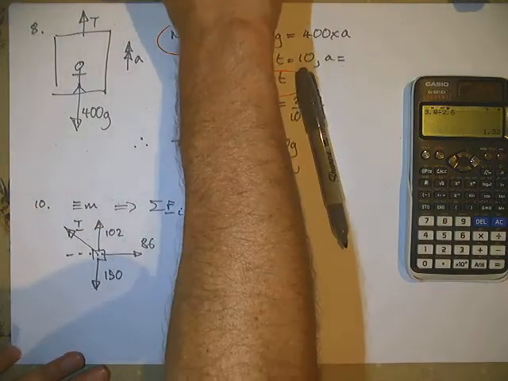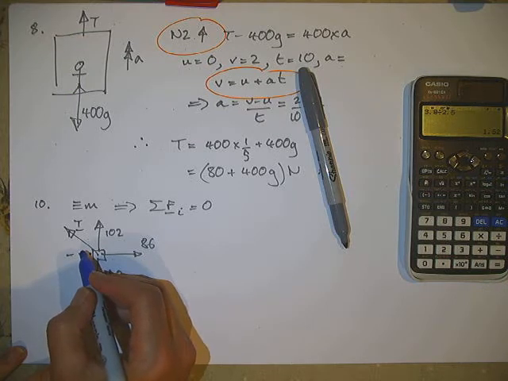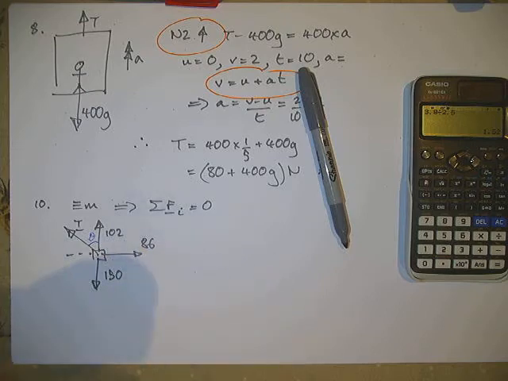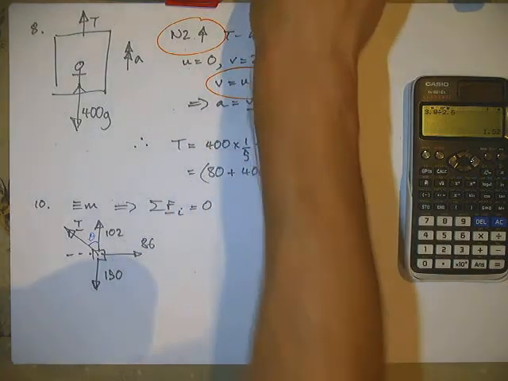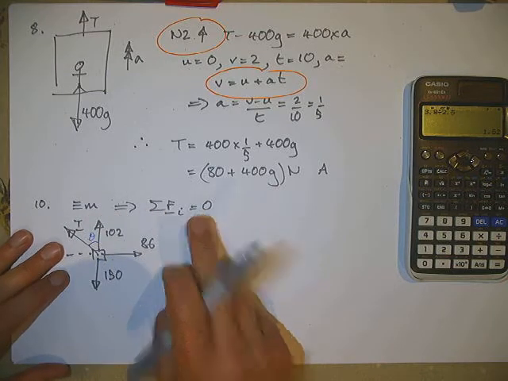And then we will worry about the fact that it says the magnitude of this force and the angle with the 102 Newton force. I'm going to worry about that at the end. So they're in equilibrium, they add up to 0.